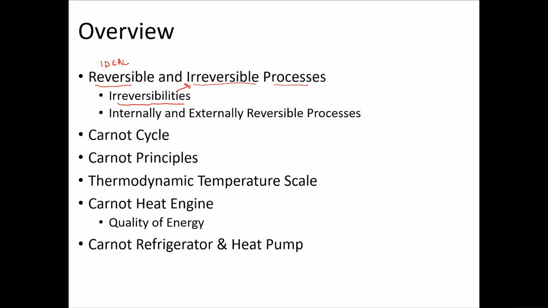So to gauge the maximum you can extract out of a heat engine, you will have to study the system under reversible processes, and how much the process deviates from the ideal process is governed by the irreversibilities associated with those processes. So we'll see what these irreversibilities are, and then we'll classify them as internally and externally reversible processes.